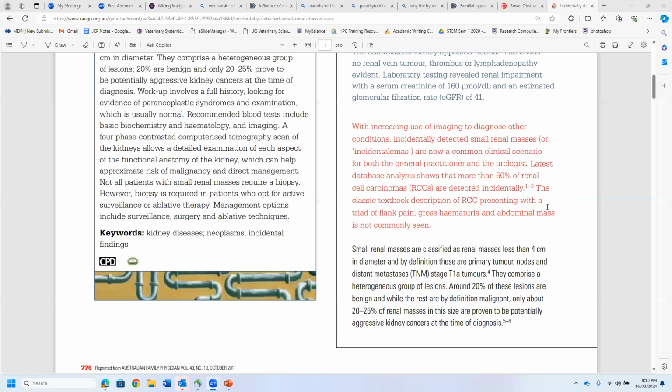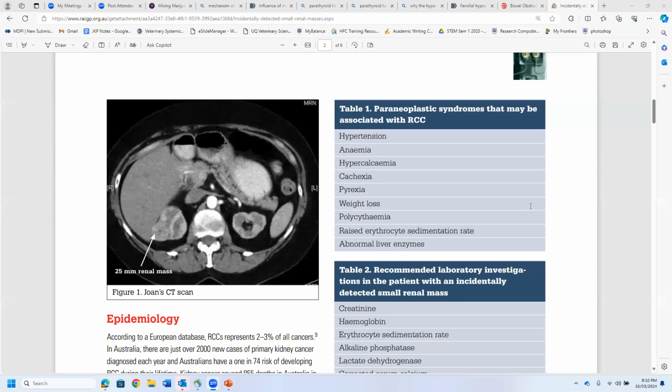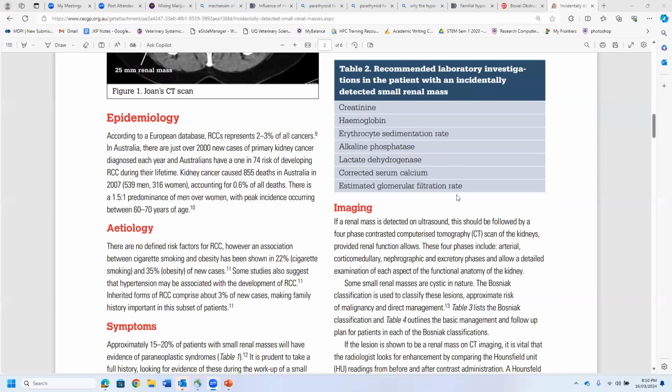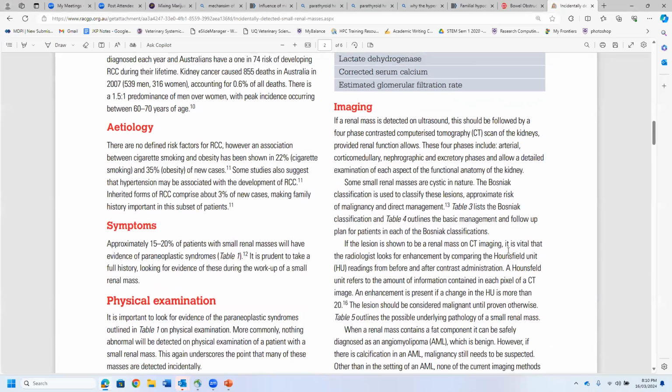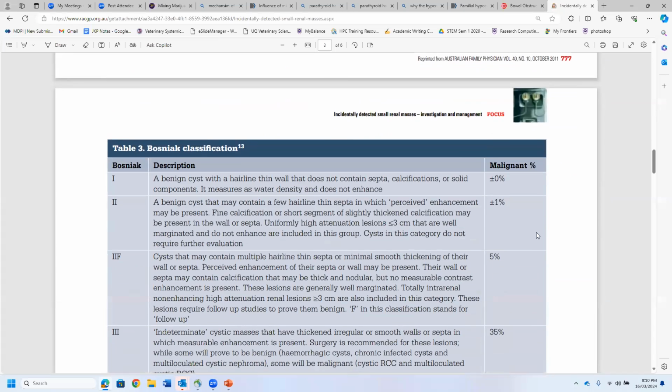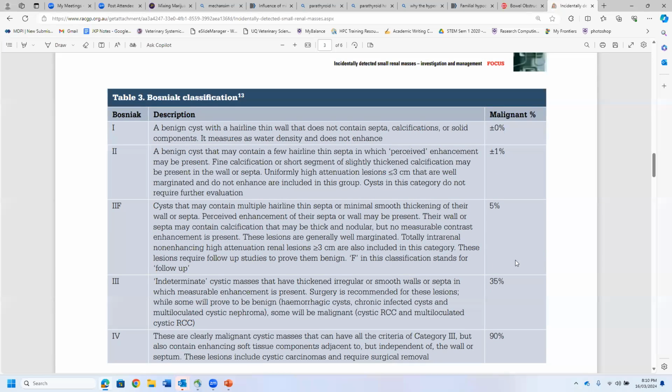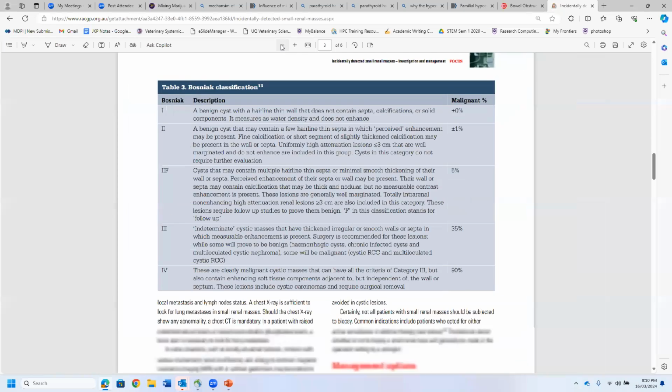If you have found an incidental renal mass on a CT scan, then we do what we call the Bosniak classification, which is a categorization of the renal masses. It's based on the CT scan findings.